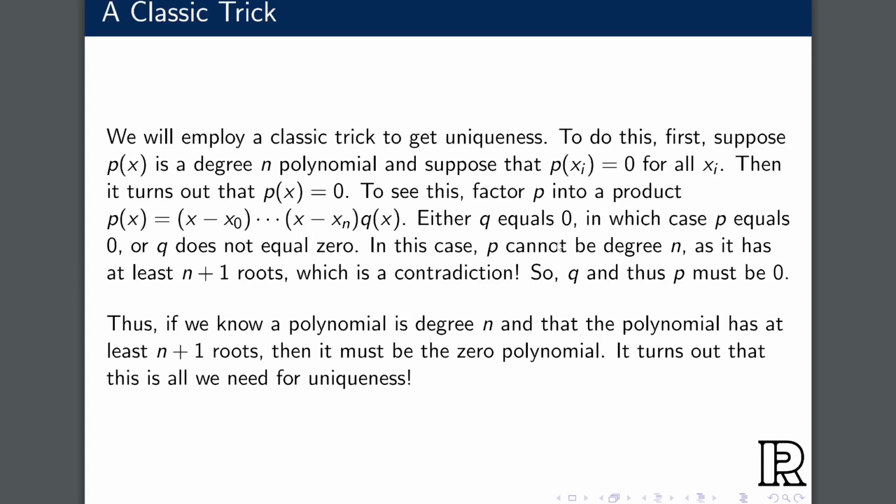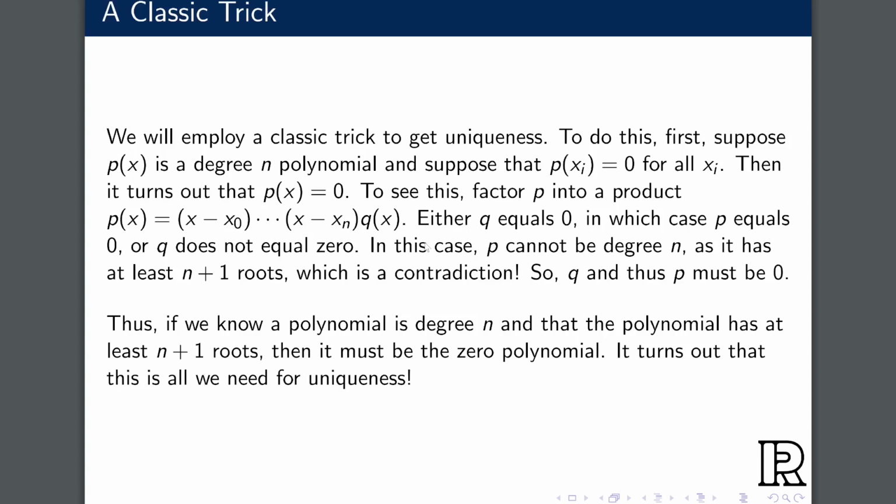Suppose you have a polynomial p, its degree at most n, and p of xi is 0 for all of the xi's. Now remember, there are n plus 1 of these xi's. So we can just factor all of those factors out. And this yields this factorized form, where p of x can be written as a product of those x minus xi's times some polynomial q.